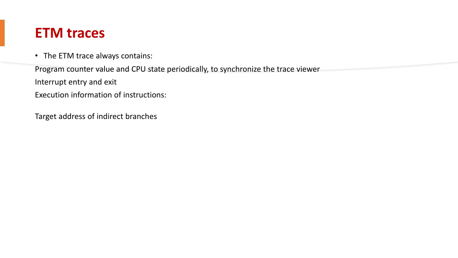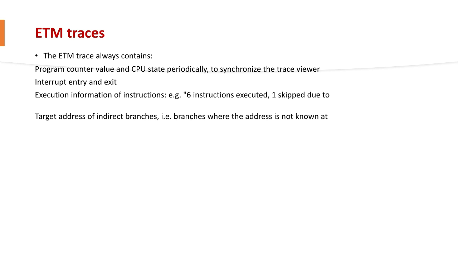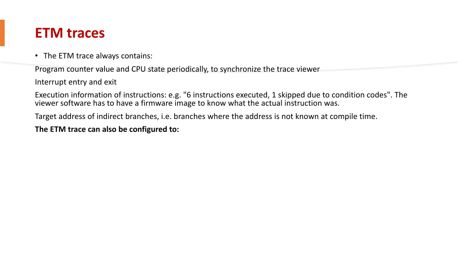The target address of indirect branches, that is branches where the address is not known at compile time. ETM traces can also be configured to pause the CPU when the trace FIFO, first in first out, is full.